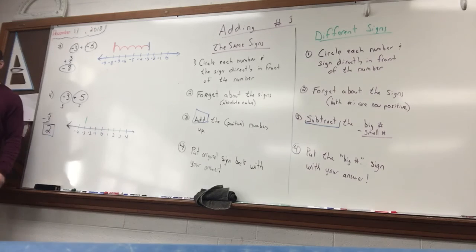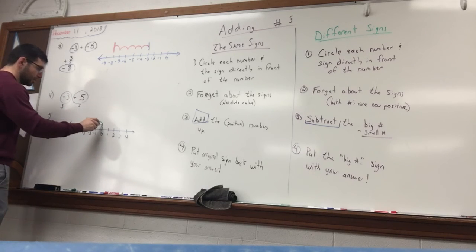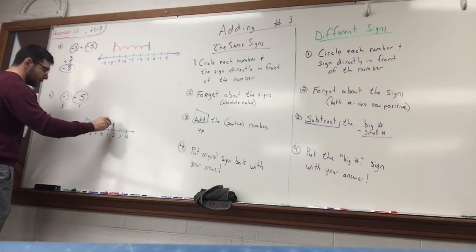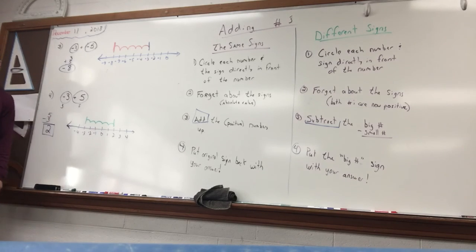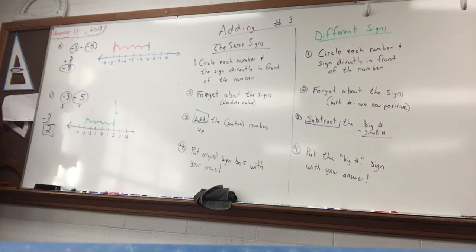And now I'm adding 5. Connor, which way do I go for plus 5? Right or left? Right. Yeah, because they're positive numbers. So I'm adding 5. 1, 2, 3, 4, 5. And this is now my answer. Questions on that? Are we starting to see how we're doing this?